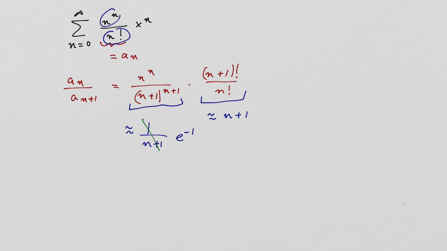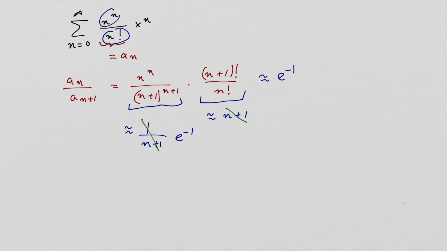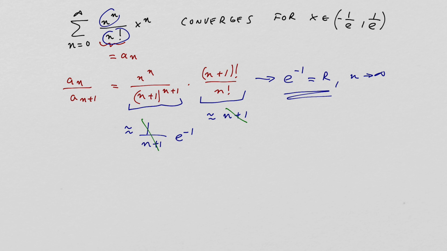So now we obtain that when n is large, this is almost e to power 1. So our radius of convergence is 1 over e. Our series converges on this interval.